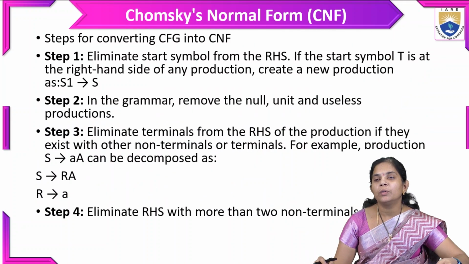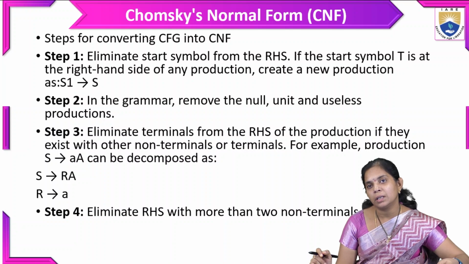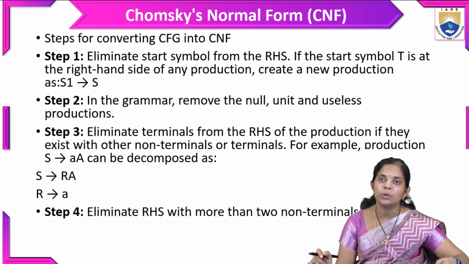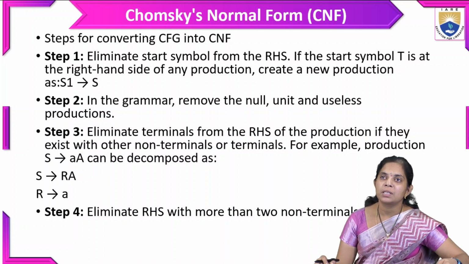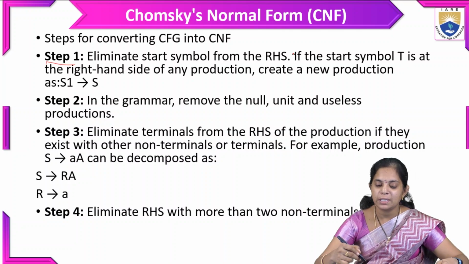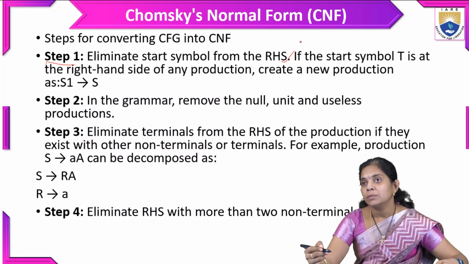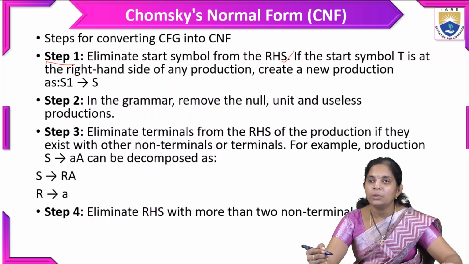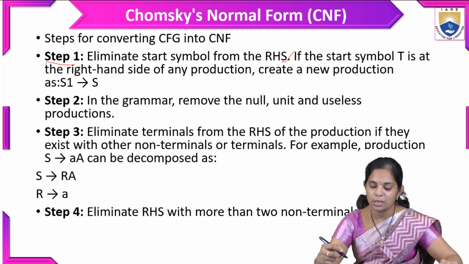And how are we going to convert the given context-free grammar into a CNF, Chomsky normal form? Step 1: eliminate the start symbol from the RHS. We need to remove the start symbol from the RHS.